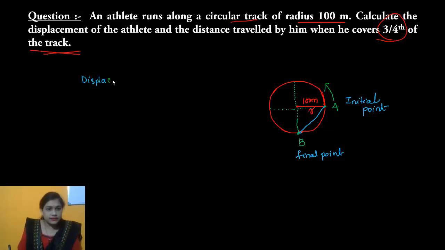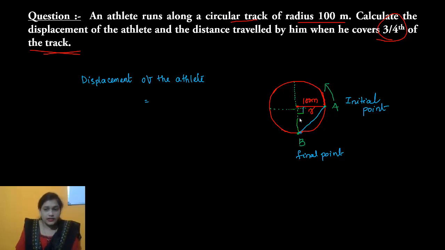Displacement of the athlete. So how can you find out the displacement? See, if you divide this center, 360 degree, into 4 parts, then one angle is 90 degree. This is r and this is also r. So we can use the Pythagoras theorem to find out this distance.